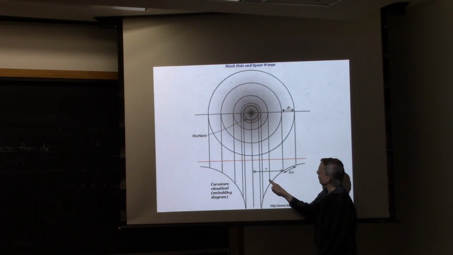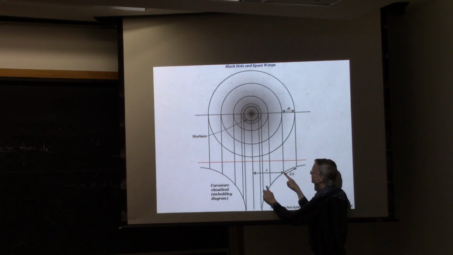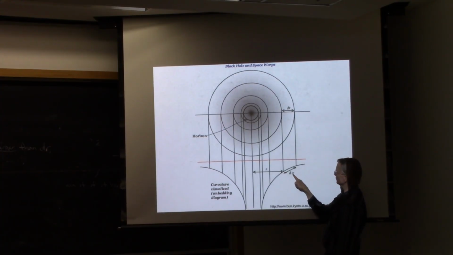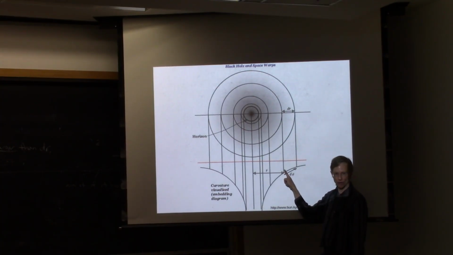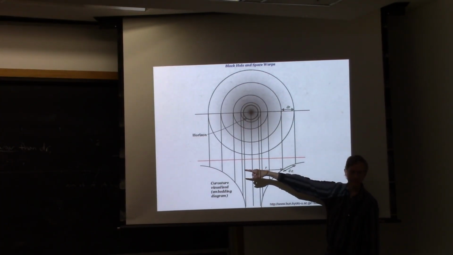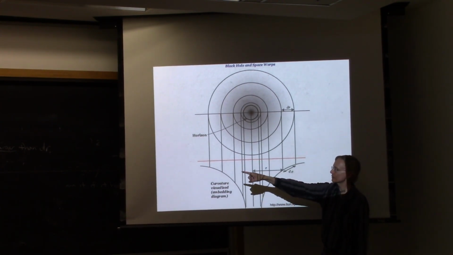So the change in r between these 2 points right here is this distance, but the proper distance, which they're calling d sigma here, would be this distance right here, which is bigger than dr, and that's what's being captured in that metric.